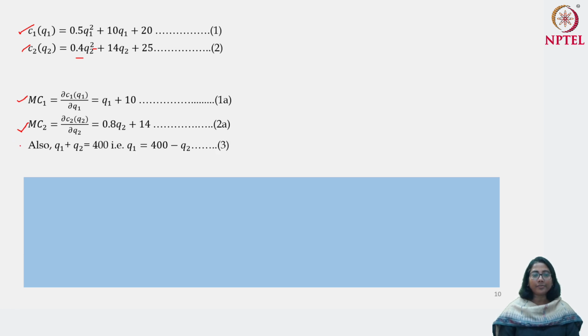Also, the third condition, the first order condition that I get by setting del L del lambda equal to 0, is Q1 plus Q2 equal to 400. Or I can express Q1 in terms of Q2 by writing Q1 equal to 400 minus Q2. So at optimum, what is happening?